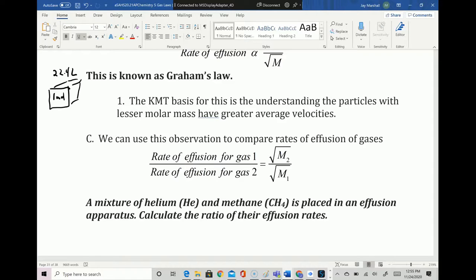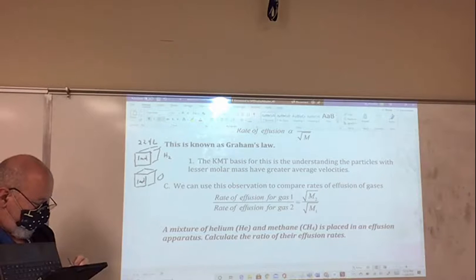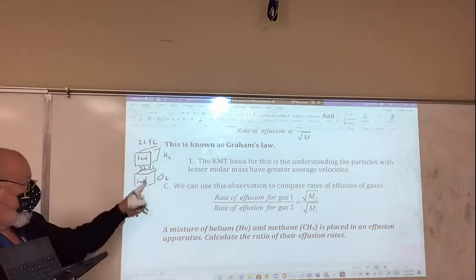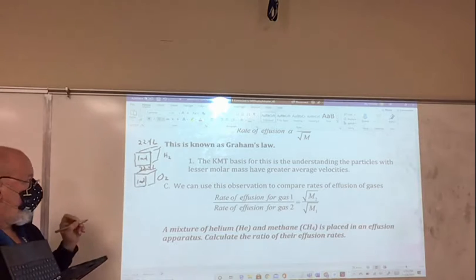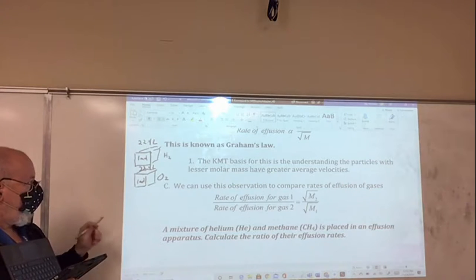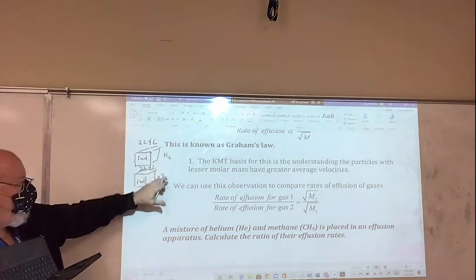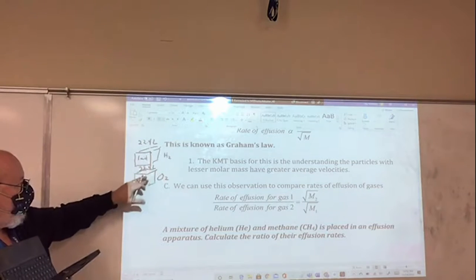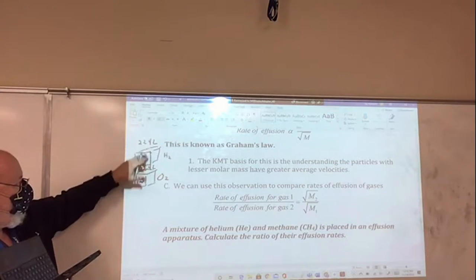But if I have hydrogen particles and I have 1 mole of oxygen particles, which will also take up 22.4 liters. Remember, this is the standard molar volume at standard temperature and pressure. It doesn't matter what type of particle I have, 1 mole of gas will take up the same volume.